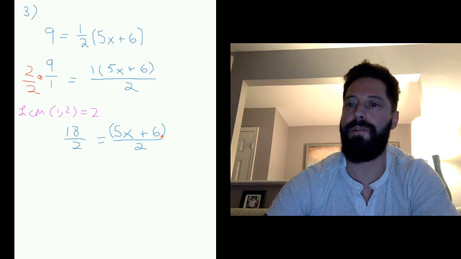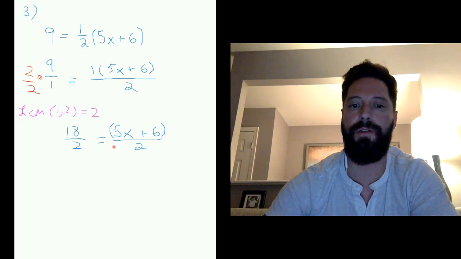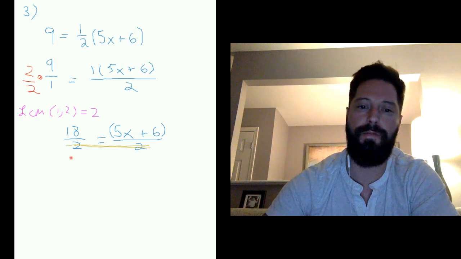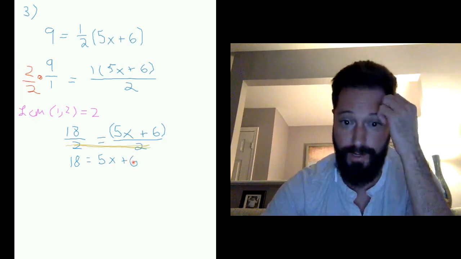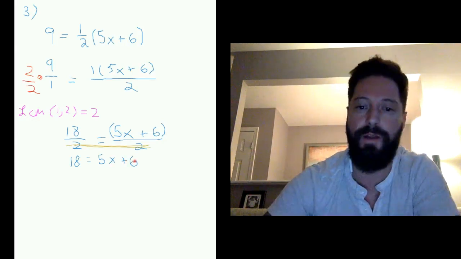Now that we have the same denominators, we're just going to get rid of the 2's down here. Okay, and we're left with 18 equals 5x plus 6. So getting rid of those fractions right away because they're kind of bothersome.